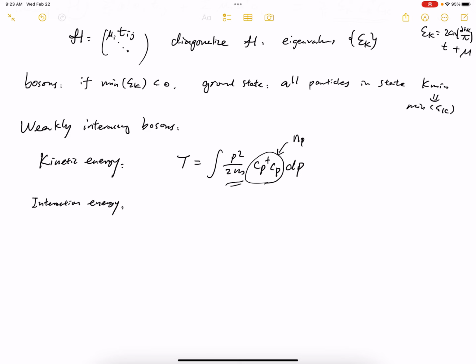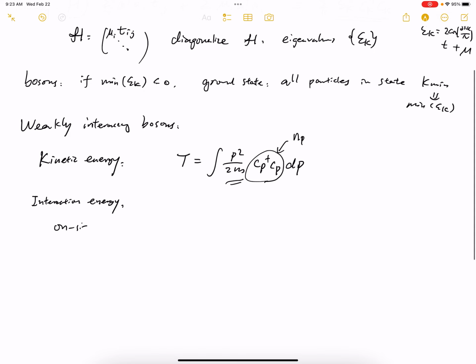All right, so based on this, you basically just get a density interaction. If the two atoms are at the same position, then you're going to get a repulsion. We talked about this type of interaction before. It's called the on-site interaction. And this interaction energy, we can write in the following way. We have a coefficient u here, and then we have a_x dagger, a_x dagger, a_x, a_x, dx.